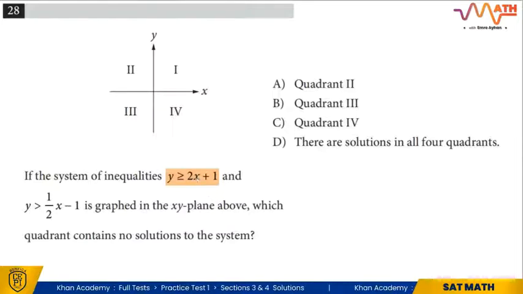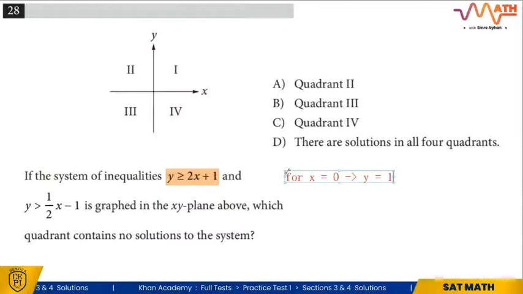When x is 0, y is going to be 1, and let me write here: for x equal to 0, then y will be equal to 1.